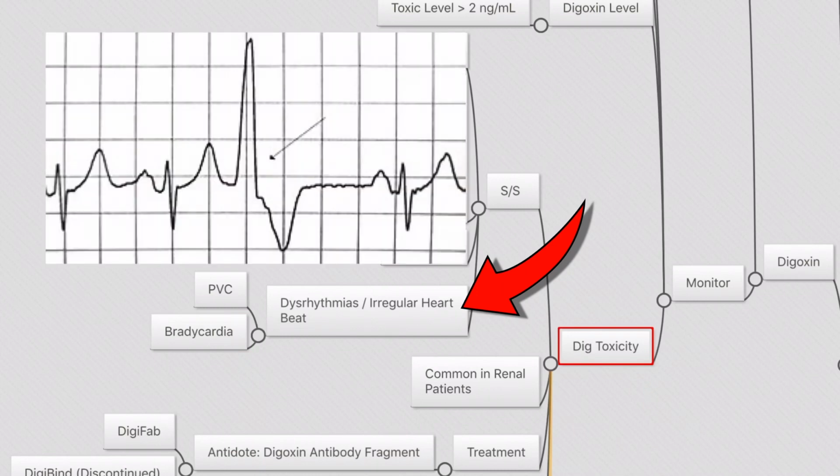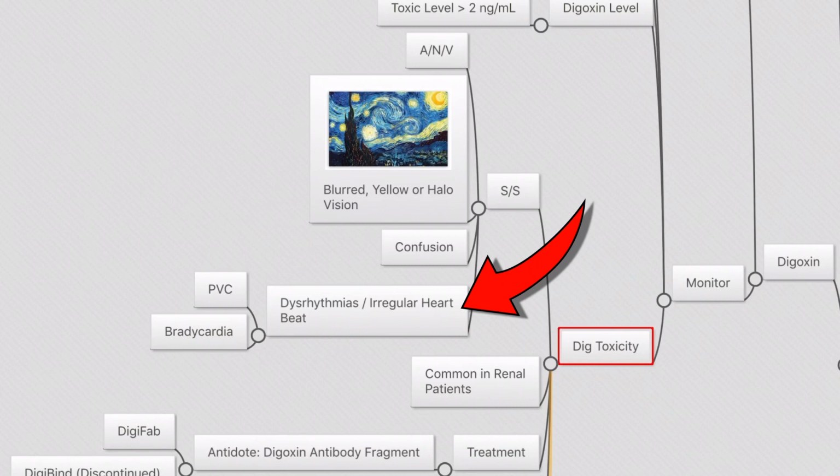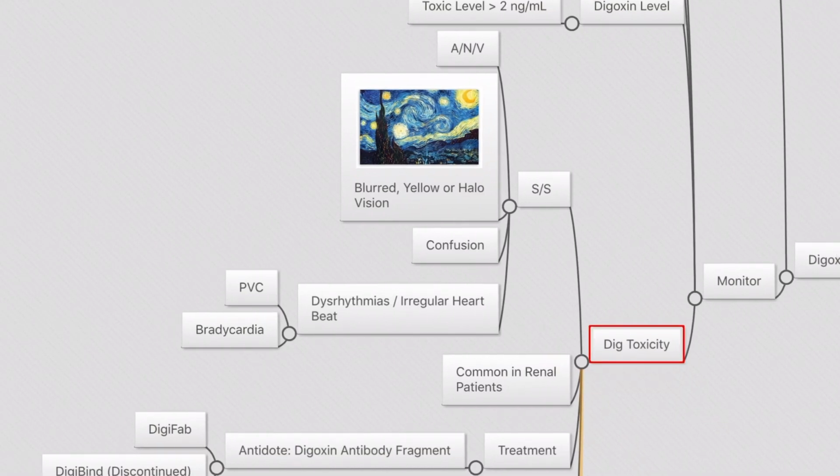PVCs, premature ventricular complexes, are very common. Sometimes it's going to lead to bradycardia. Now, this toxicity is very common in renal patients. So you want to keep an eye on these signs and symptoms before you give this medication in kidney patients. Now, if a patient develops this toxicity, you can provide an antidote, and that's going to help to bind the digoxin and excrete it out.